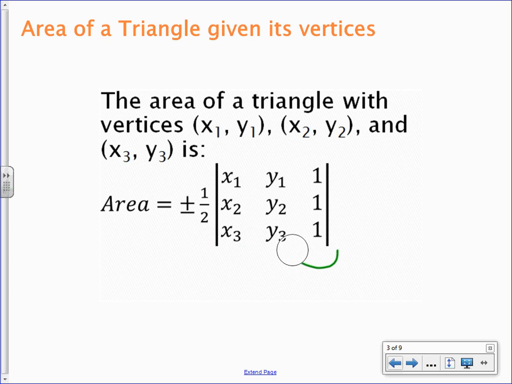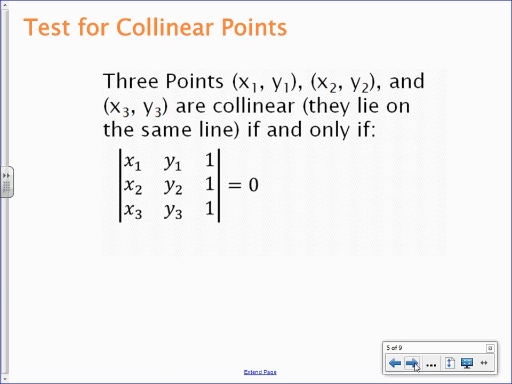What does collinear mean? Okay, if a triangle is formed, those 3 points cannot make a line, right? Okay. If this determinant ends up being 0, we do not have a triangle. We have points that lie on the same line, which is called collinear.